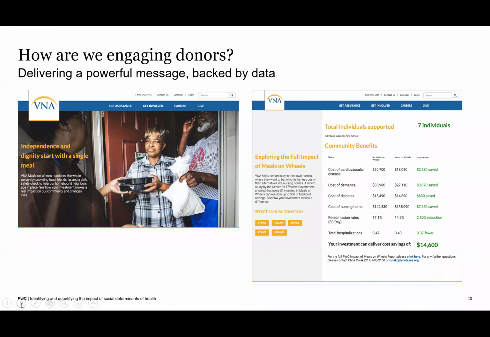And we used this information that PwC did for us to show those two institutional foundations: your investment will not only do the feeding part, not only allow us to make those meals and deliver them, but look at the impact it's going to have on the healthcare community. Both of these foundations not only supported social service programs like meals, they also supported a lot of the health systems in our region, so they found that particularly interesting and were very engaged in that piece of it.